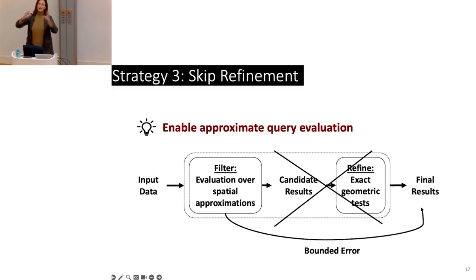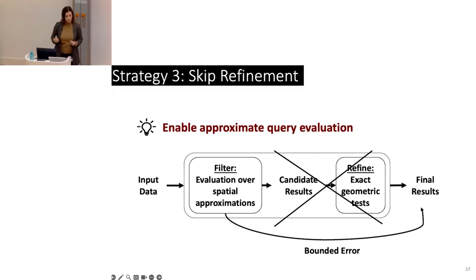And the last high-level strategy that you could design around this evaluation pipeline is a little bit more radical, because it says that if the approximation that you're using for filtering is precise enough, then maybe you could just evaluate your queries on top of the spatial approximations rather than the original geometries, and then just directly return the final results.